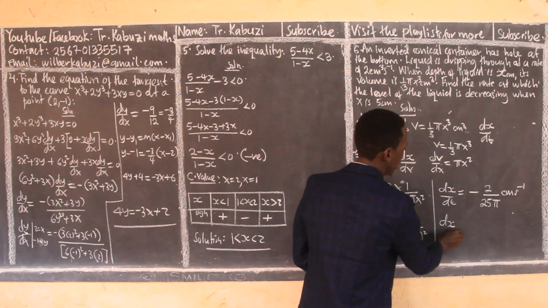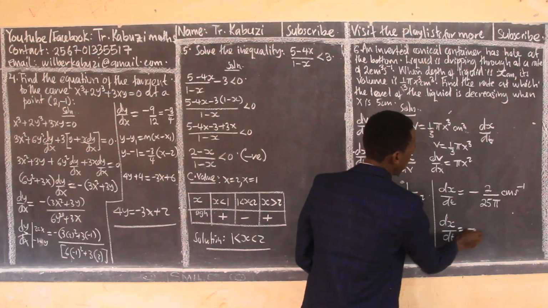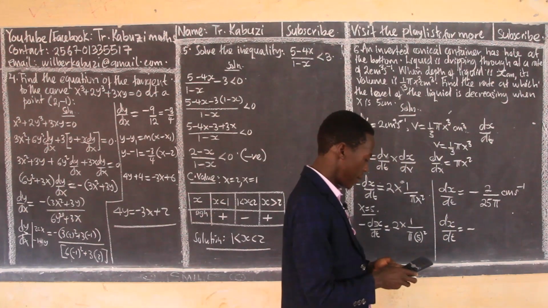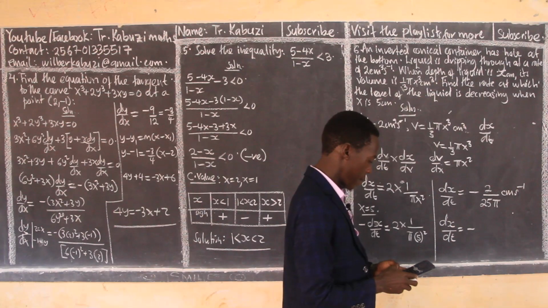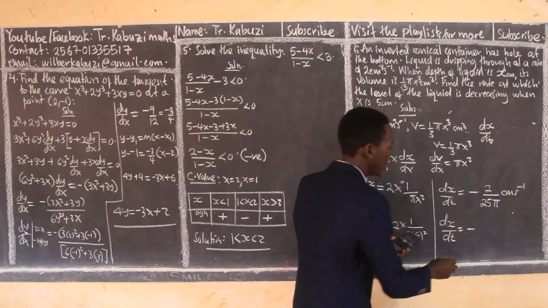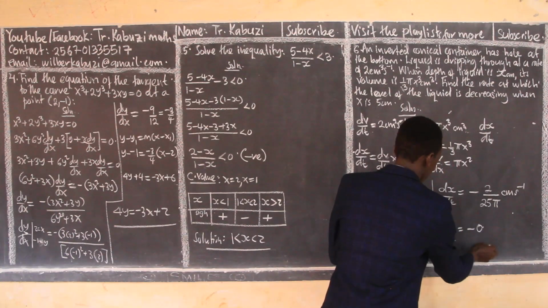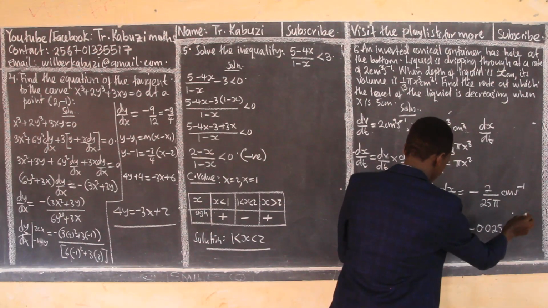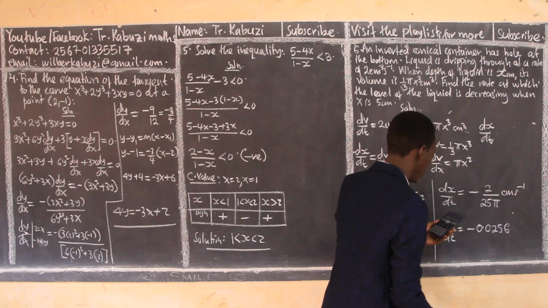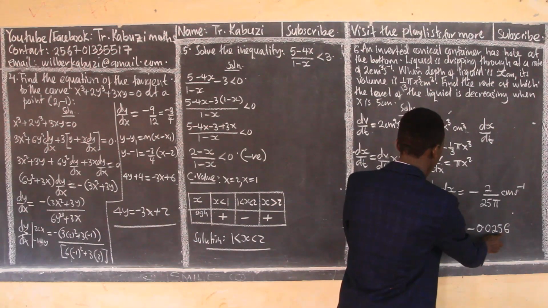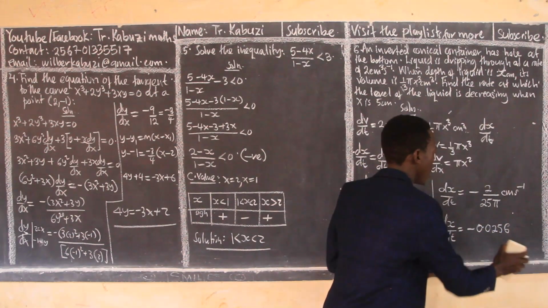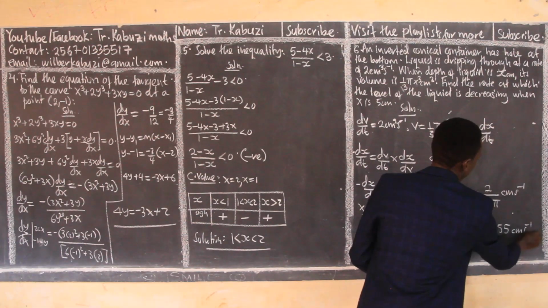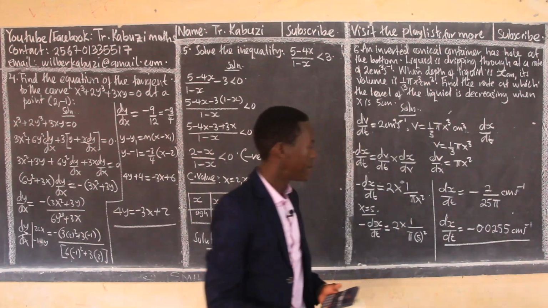So our dx/dt, to 4 decimal places by putting in the pi and so on, is 0.0255 centimeters per second.